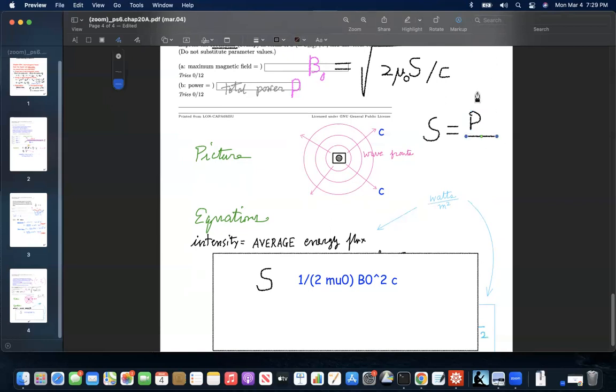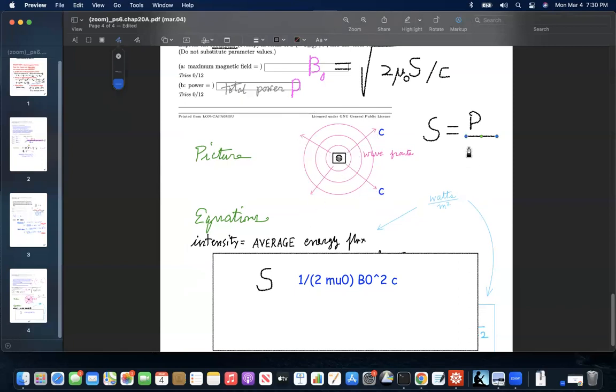That's P. And what's the area? All of the energy goes out through a sphere, any sphere of radius r, because the waves propagate out in spheres.